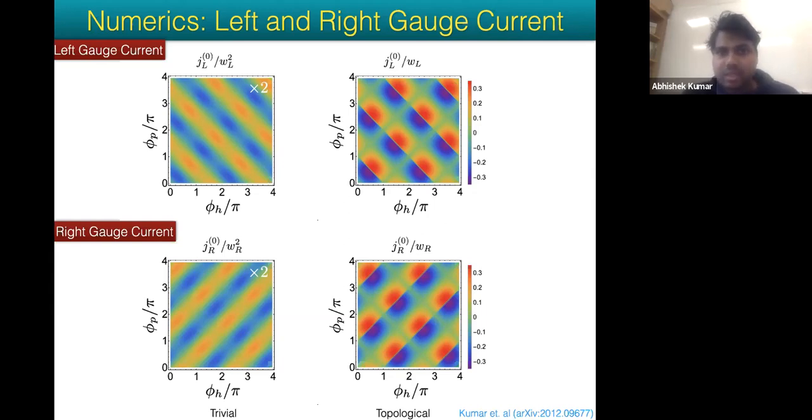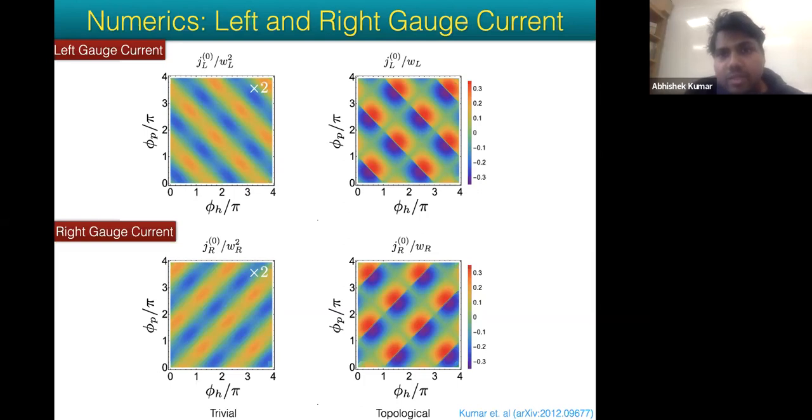It shows that they are linearly dependent in the topological phase and quadratically dependent in the trivial phase.